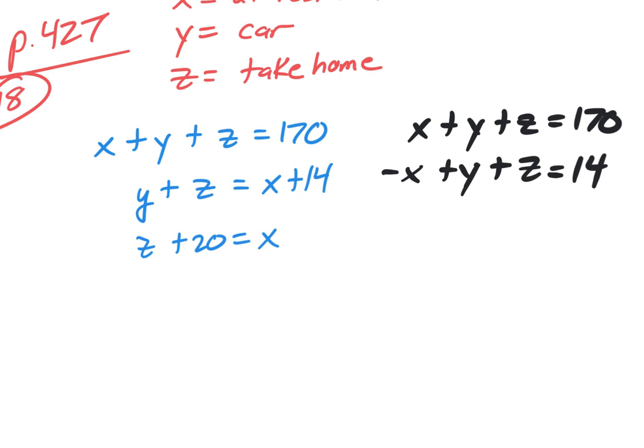And then on this one here, you could do a couple of different things. I could subtract Z. And I know some people would be like, well, 20 is on the left. But when I rewrite this, it would be X minus Z equals 20. Okay. If you wanted to, you could subtract X and then subtract 20.